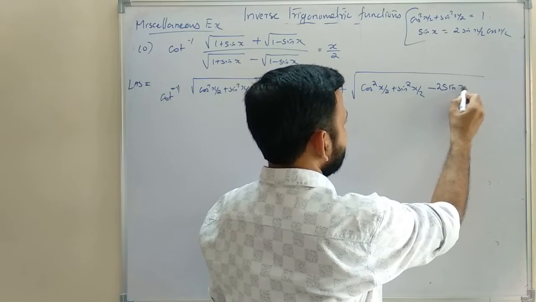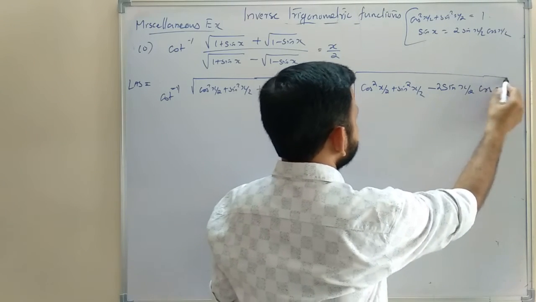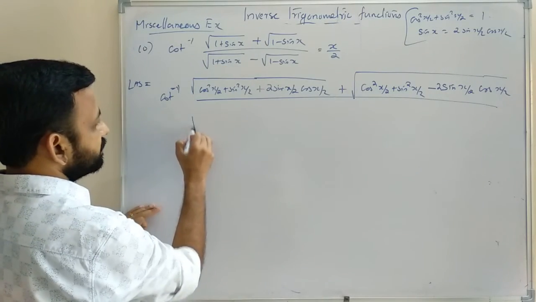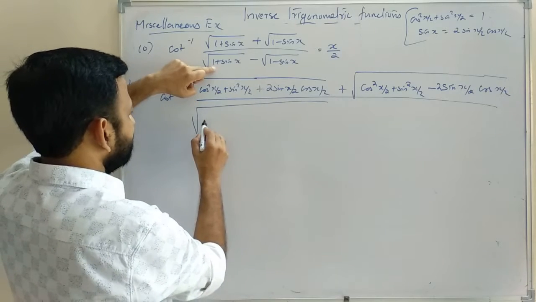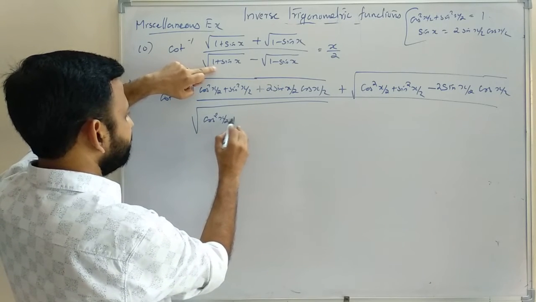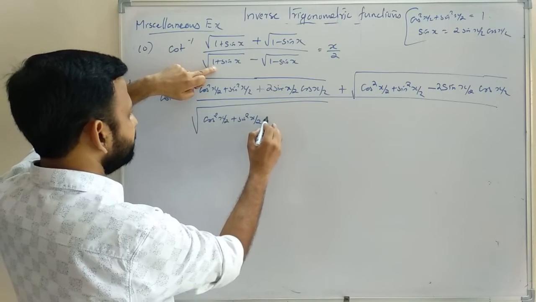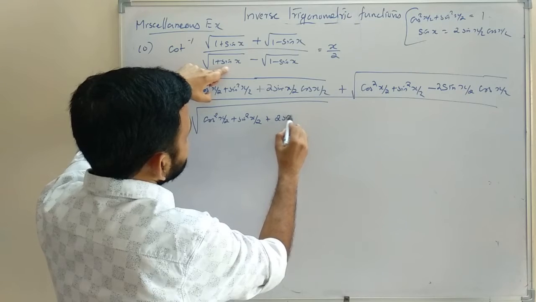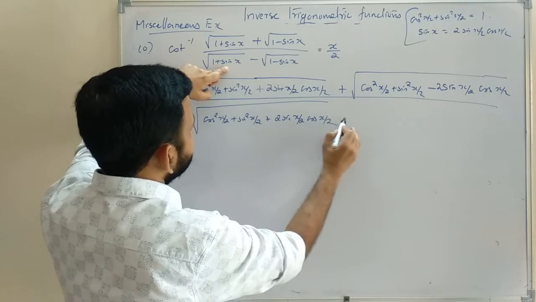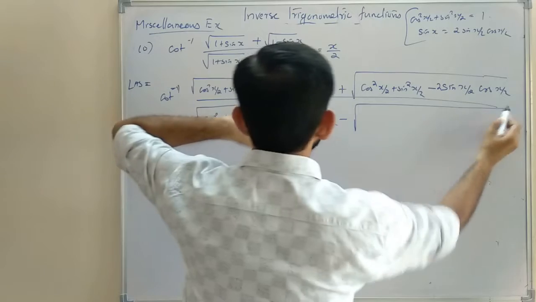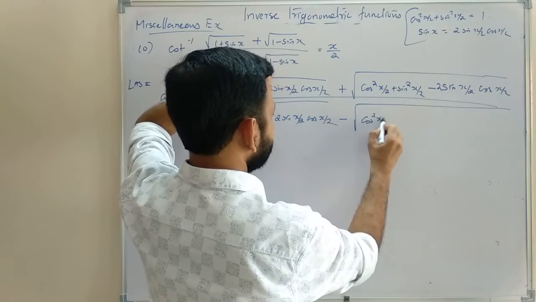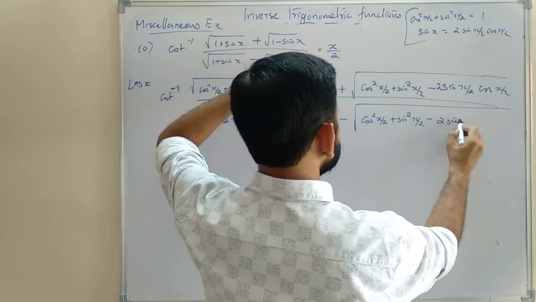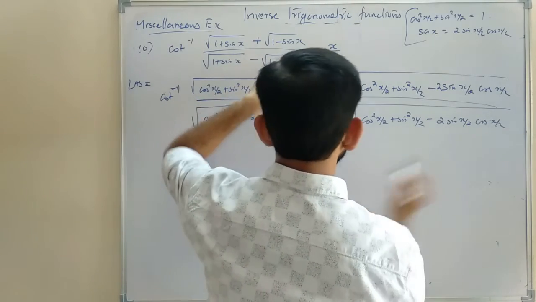So here sin x equal to 2 sin x by 2 cos x by 2, divided by, then first one under root again 1, that is cos square x by 2 plus sin square x by 2 plus 2 sin x by 2 cos x by 2, minus under root again 1, cos square x by 2 plus sin square x by 2 minus 2 sin x by 2 cos x by 2.